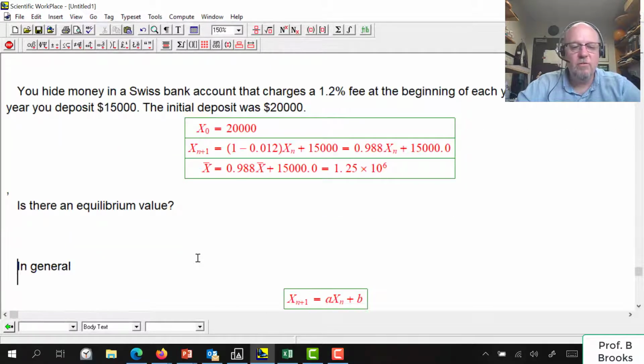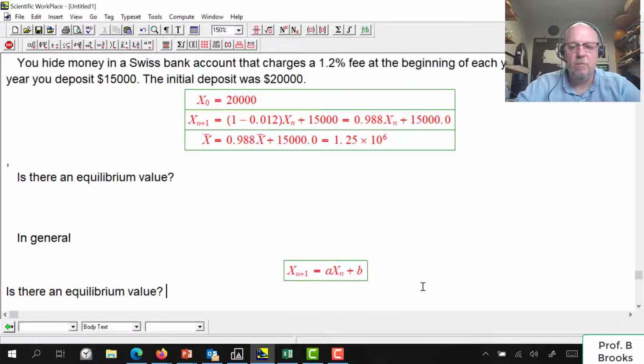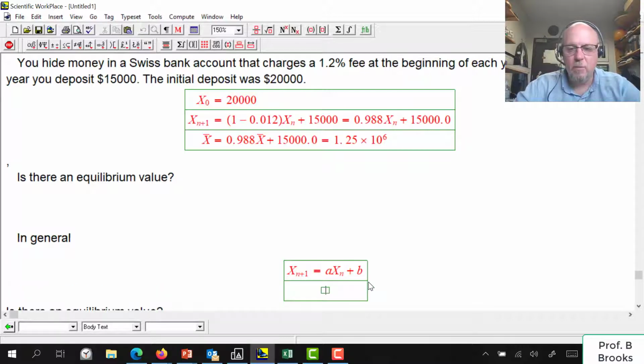So let's finish up by seeing if we can make this a sort of general statement. Here's our general linear first order difference equation. If I want to find that equilibrium, I'm going to put x bar into the function and set it equal to the output and just solve.